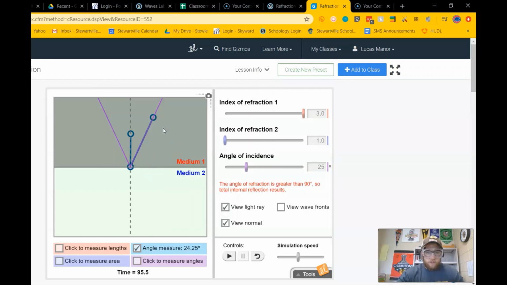And we end up with an angle measure of 24.25 degrees. So we're going to round that down to 24. So our final angle of refraction is 24 degrees, which gives us a change in direction of 1 degree.